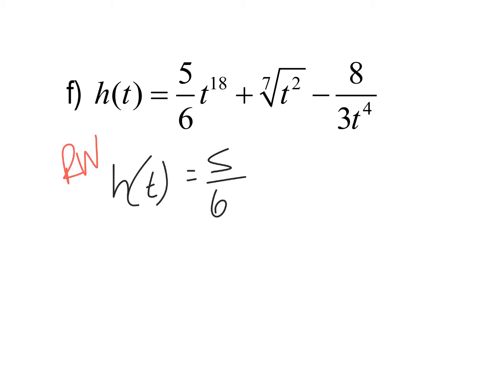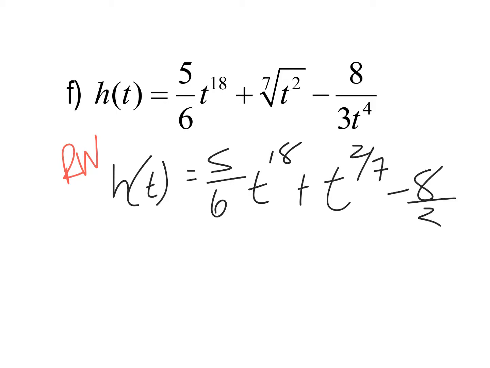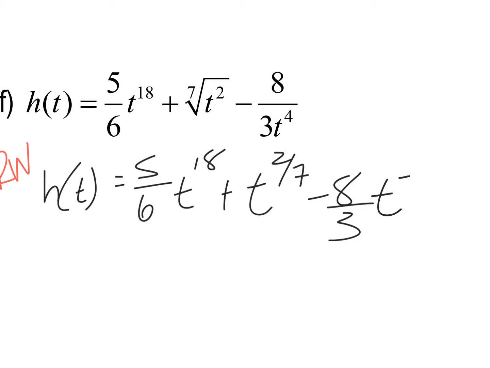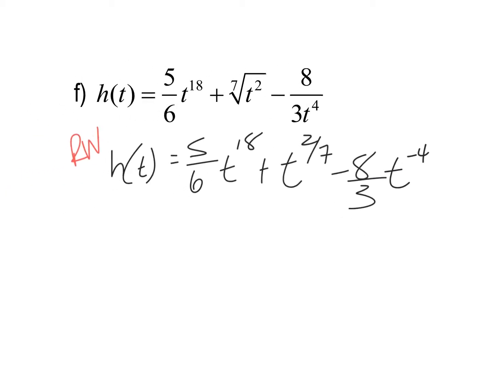So 5/6 t to the 18th plus t to the 2/7 minus 8/3 t to the negative 4. See what happened there is I just brought the t up, so I put a negative exponent on it. This, if I were to simplify it, would just drop down into t to the positive 4th. But I want all my t's to have exponents on them and not be like fractions and radicals so that I can bring my exponents down in front and multiply.